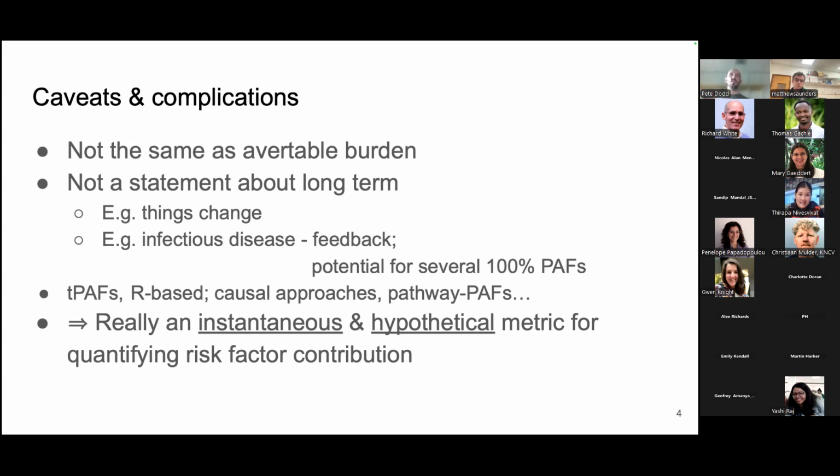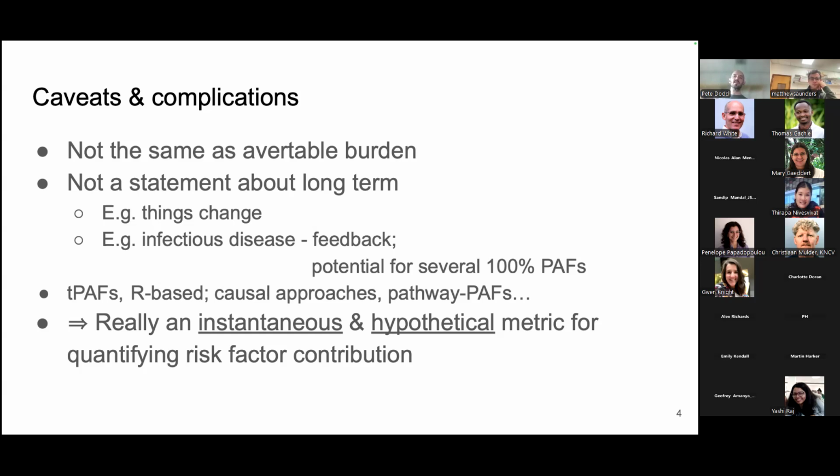We're going to focus on one of them that I'll introduce in a minute. But just to say from this background, that the way I'm thinking about paths is that they're really a kind of instantaneous measure for quantifying risk factor contributions. So if you think about something instantaneously, then the caveats with respect to infectious diseases are more about how much they tell you about long-term effects rather than interpretation.